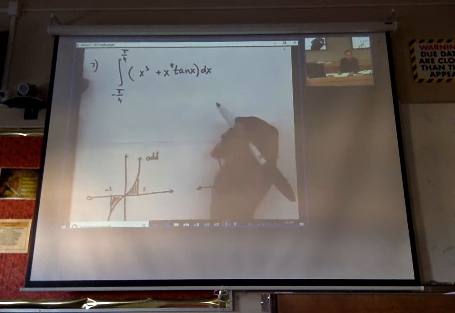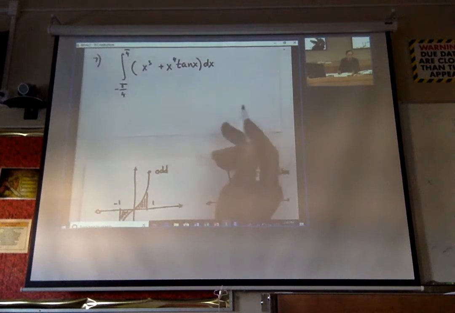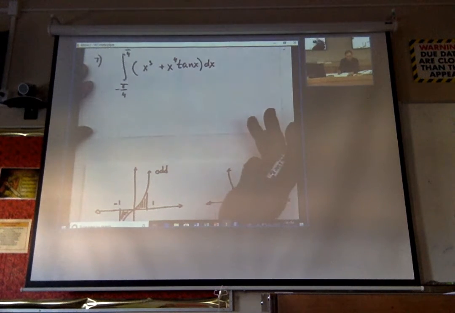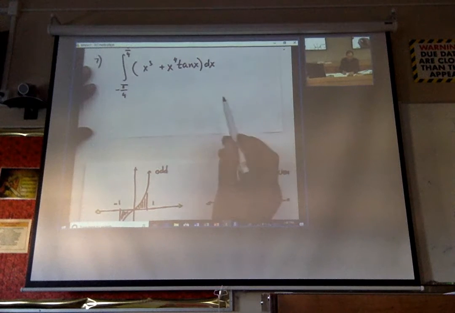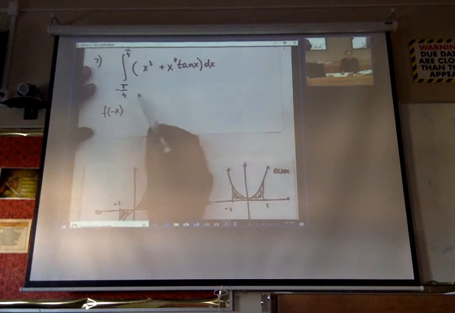And we talked about this before. It comes from precalculus. How do we check if a function is odd or even? Remember we talked about this in class. We take the negative x and substitute it for every x.